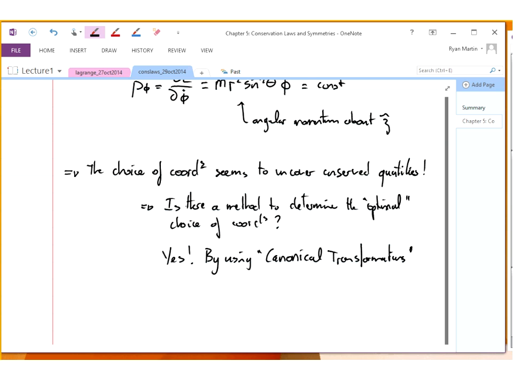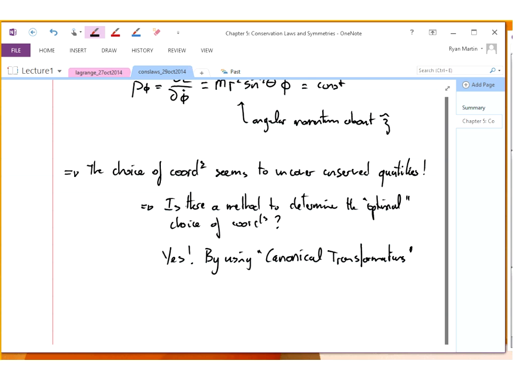To give you a flavor of what's coming up, a canonical transformation is a method that tells you how to choose coordinates so that all of them are cyclic. So there exists a coordinate transformation to a new set of n generalized coordinates where all of those coordinates are cyclic.